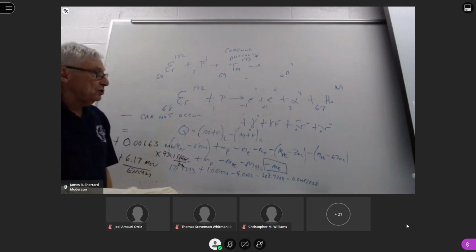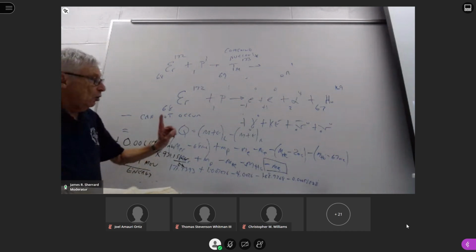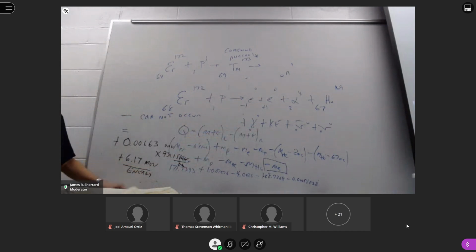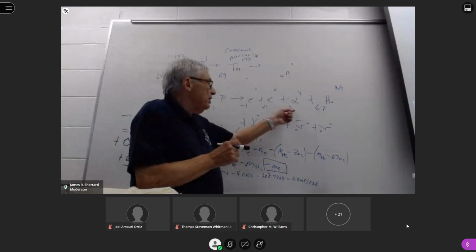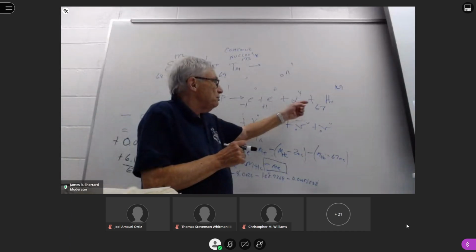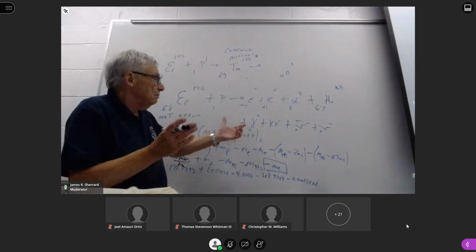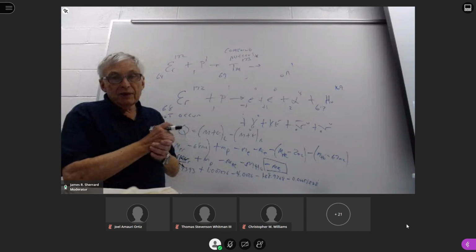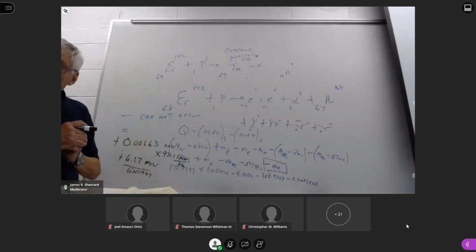We do not know how it's distributed. It could turn out that this is one gamma ray of this amount. It could be two gamma rays, one of 3.17, one of 3. It could have part of the energy here as kinetic energy, part of the energy here, with no gamma rays. We don't know that.